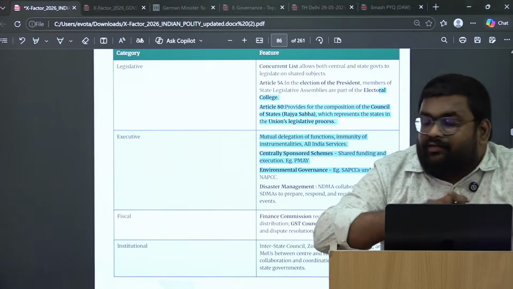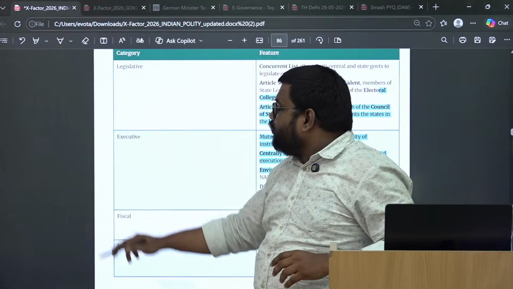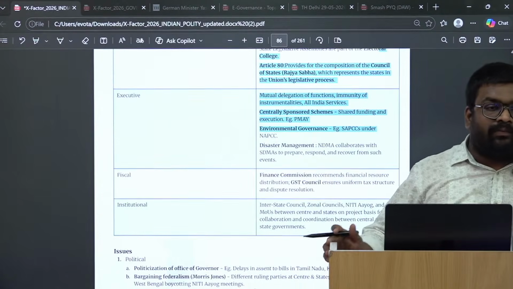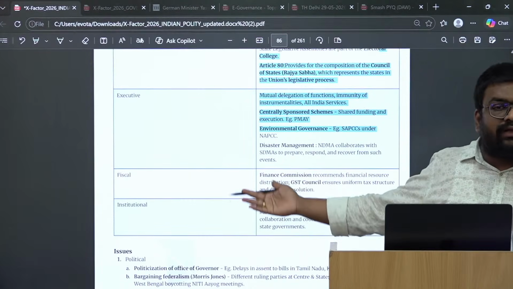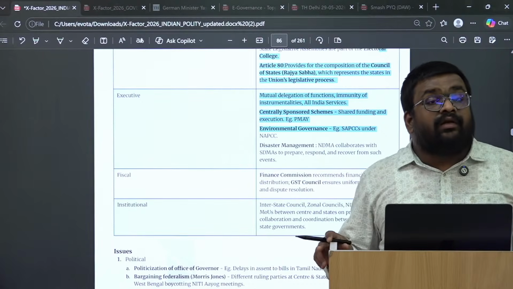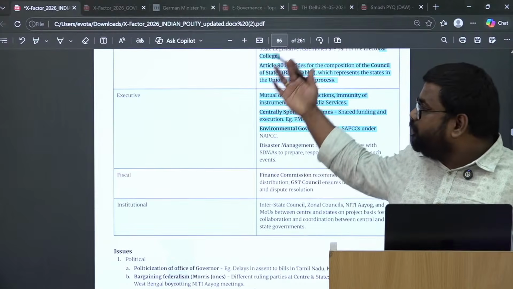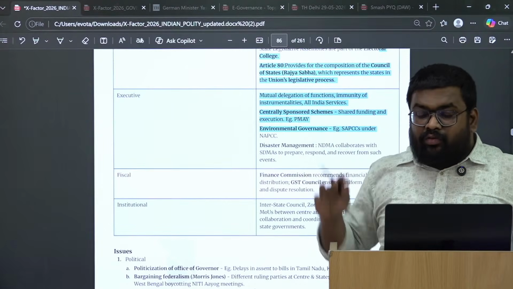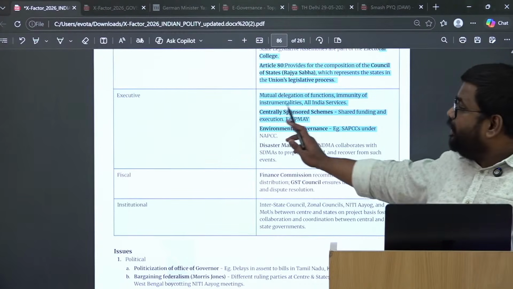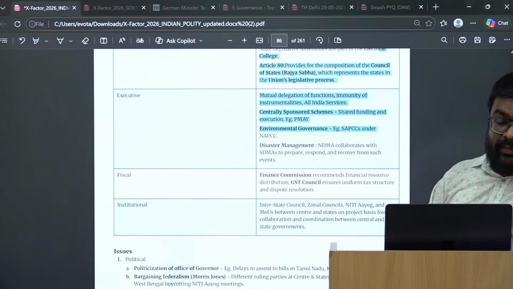So under the heading itself, if you provide the subclassification, legislative provisions, executive or administrative provisions, fiscal provisions or institutional architecture, उसके नीचे बस दो भी लिख दिए तो भी आपके 8 पॉइंट हो जाएंगे with better presentation and better visibility and most importantly diversity of the points. Otherwise क्या होगा कि आपको बस political याद आएंगे, you will write only political ones. ठीक है, so the categorization and proper arrangement of the points is an essential aspect.